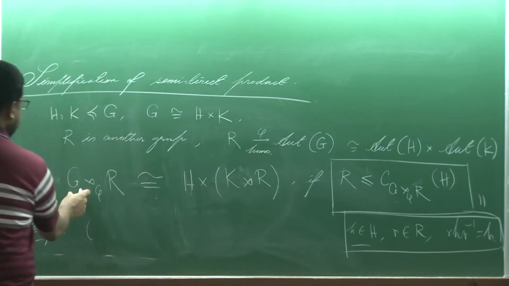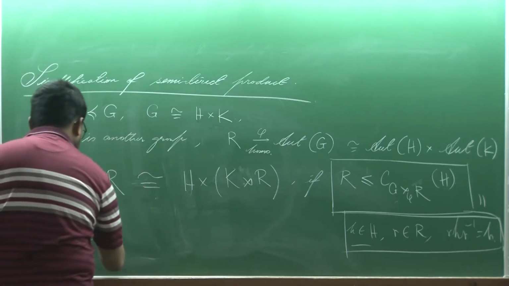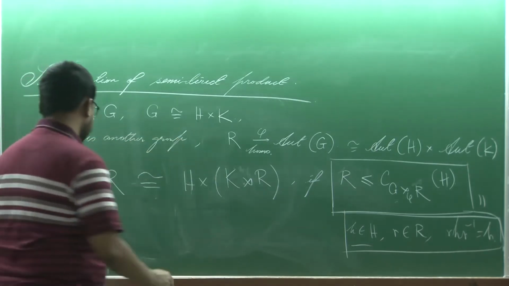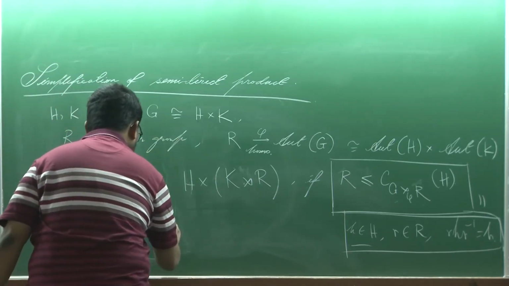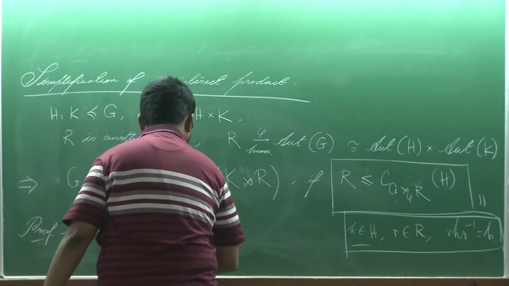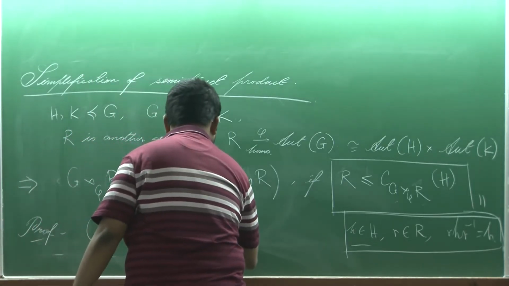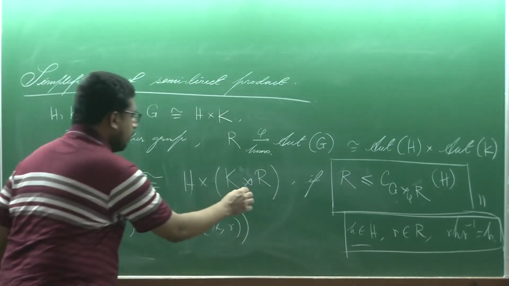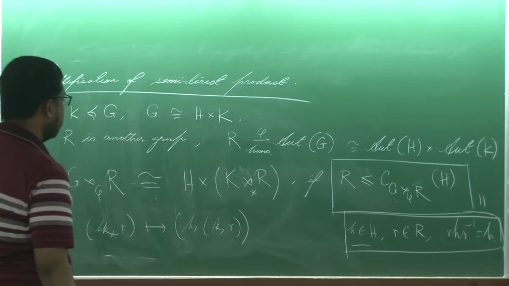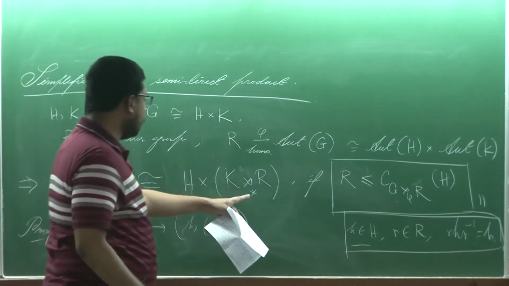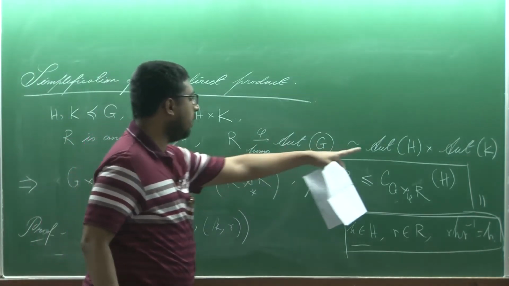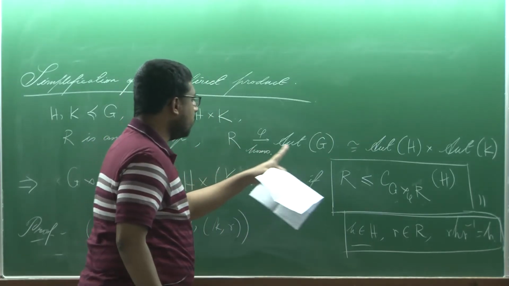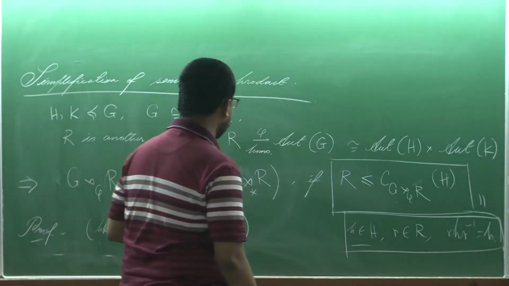Any element in G can be written as hk uniquely for h and k because of this. So we map (hk, r) to (h, (k, r)). Of course I should say what is here: we have a homomorphism from R to Aut(G).